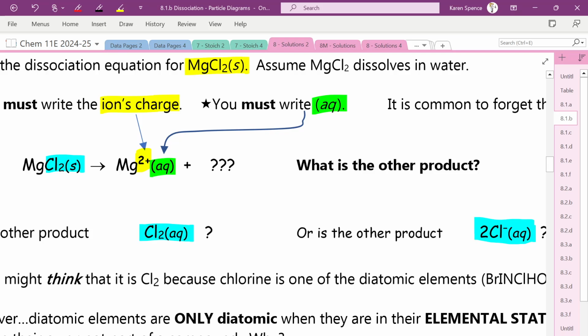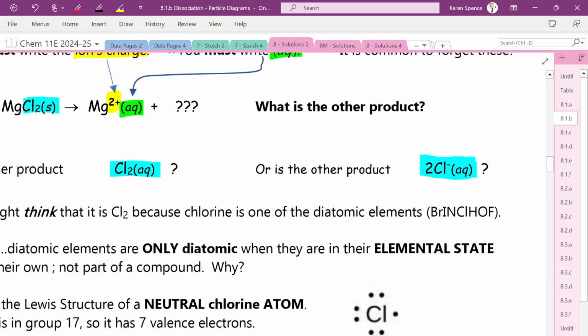Yes. 2Cl minus. It is 2Cl minus. Okay. Sometimes people think that it has to be Cl2 because Cl is a diatomic element. But you have to remember these elements are only diatomic when they are in their elemental state. That means not in a compound.